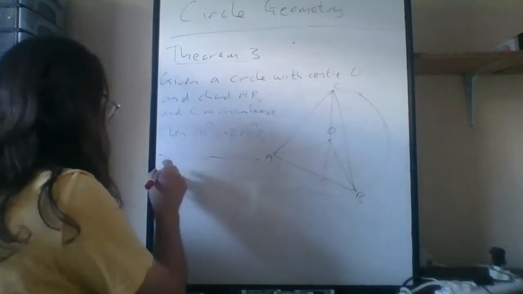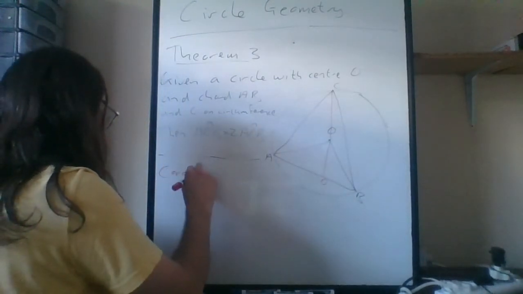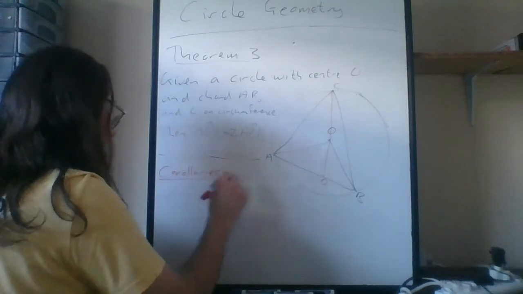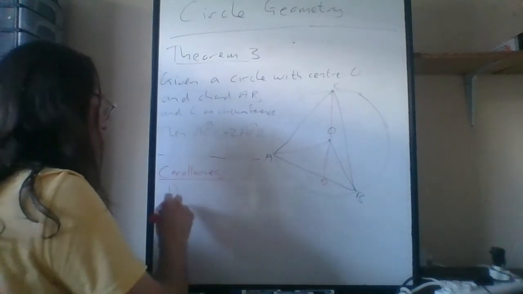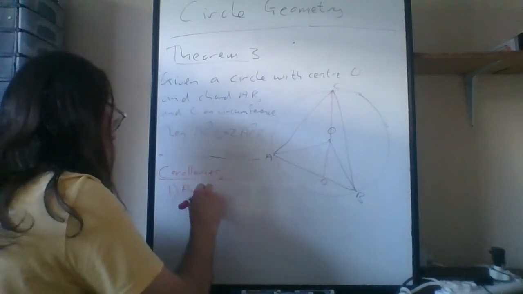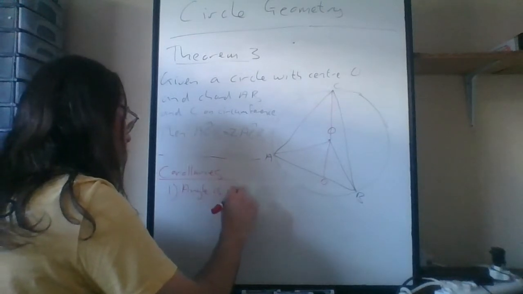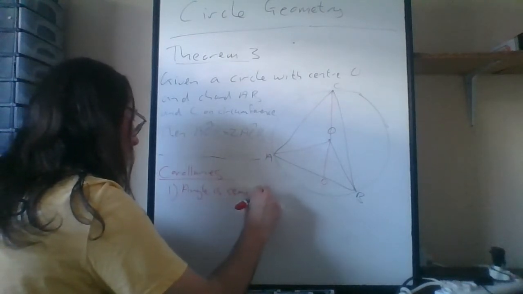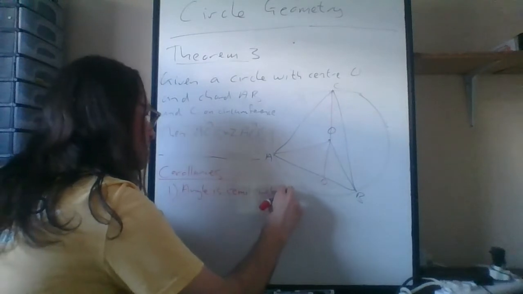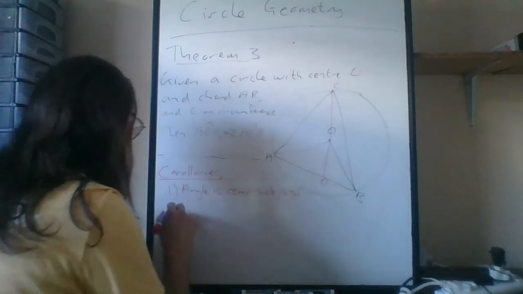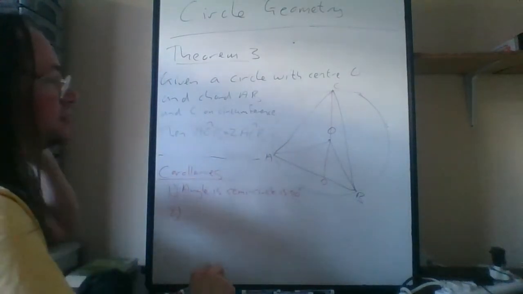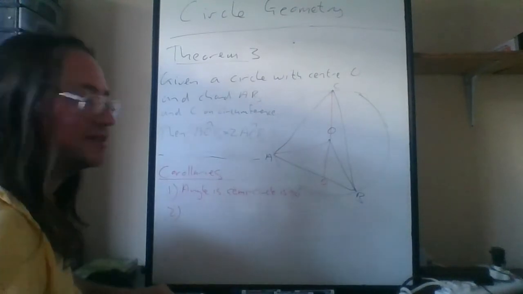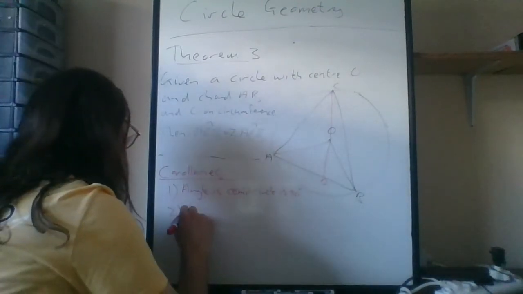The three corollaries. The first corollary, angle in semicircle is 90 degrees. The second corollary says that angles subtended by a chord on the same side of the chord are equal.